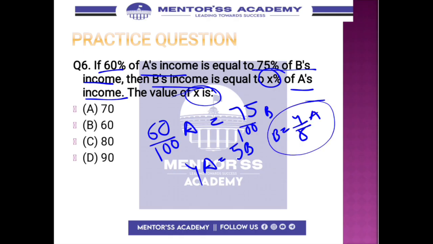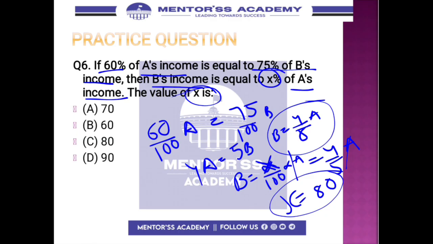So B's income is equal to X percent of A's income. We already have B equals 4 by 5 A. This is X. You solve this, you'll get X equals 80. So the answer is 80. Simple, right? These are some of the practice questions we have practiced, and now let's see one or two PYQs to understand the standards of UPSC.